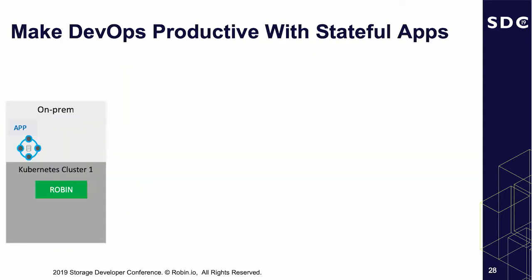So let's consider some cases where these primitives make our DevOps teams and application development teams much more productive. Now let's say that on-prem, there's a team in the US which has an application which is running, right?